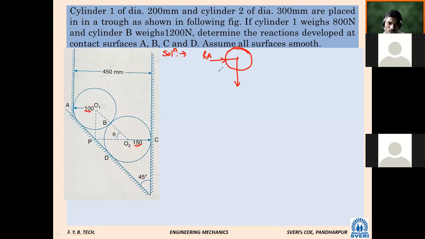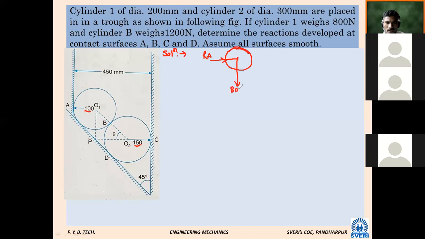What is the weight given for cylinder 1? 800 Newton. Then from point B there will also be one reaction, RB, directed towards the center. That is for cylinder 1.